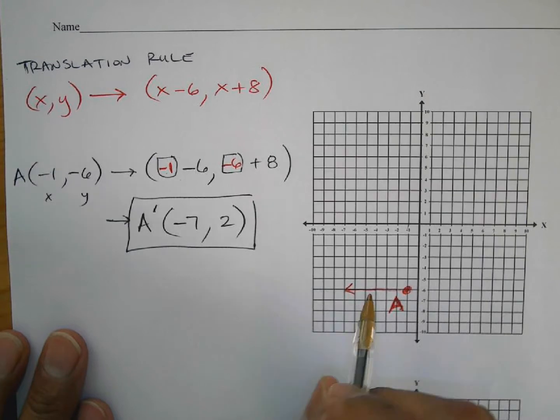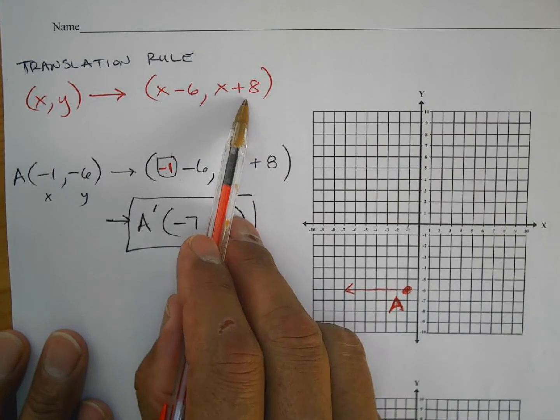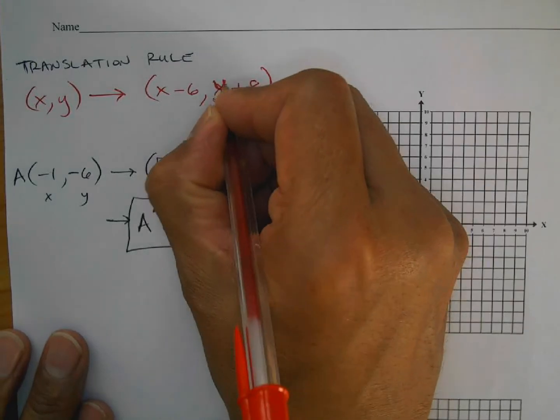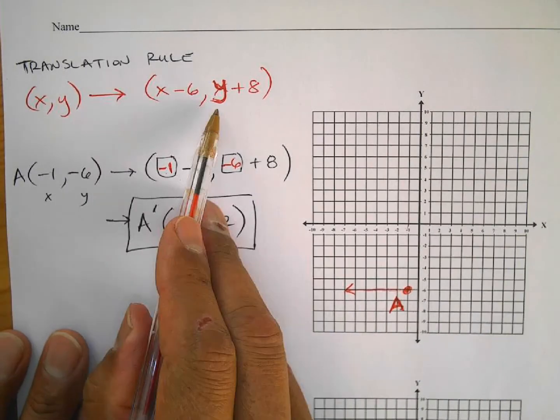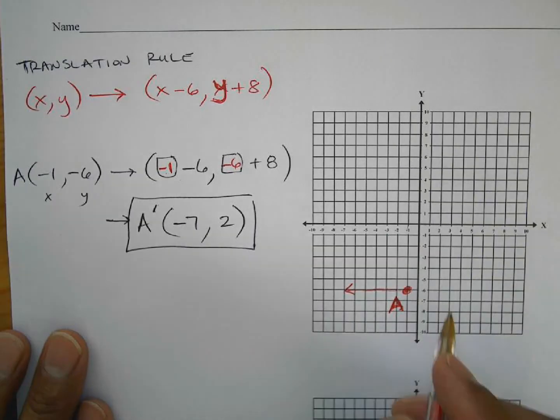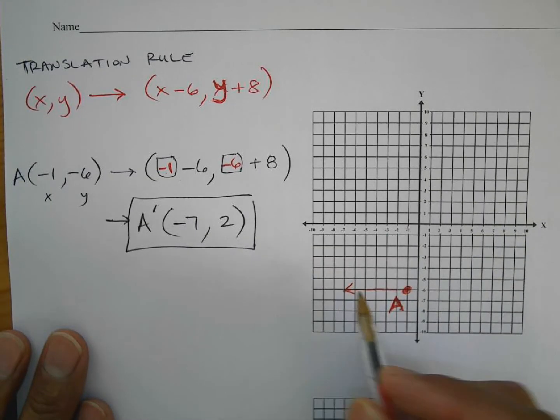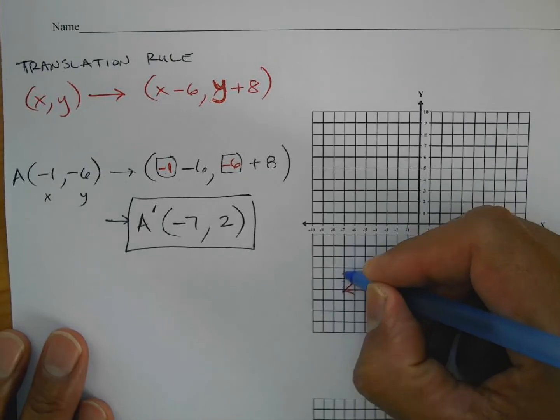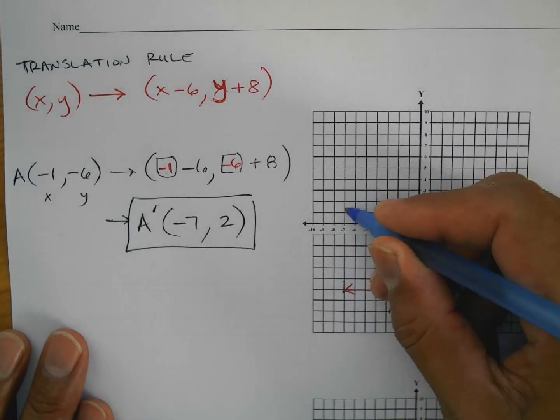But is it going to stop there? No, because then I got to go what? On the y. Oops, why did I write x right here? Sorry, that's wrong. Y plus 8. Now it's here. Now from here, I got to move it 8 up. 1, 2, 3, 4, 5, 6, 7, 8.